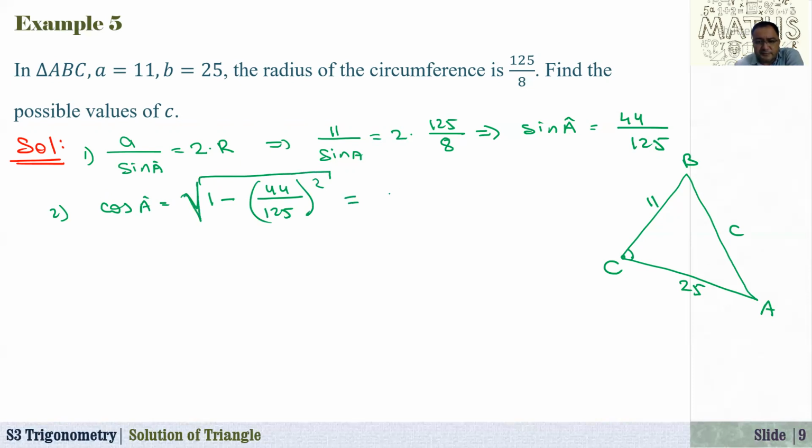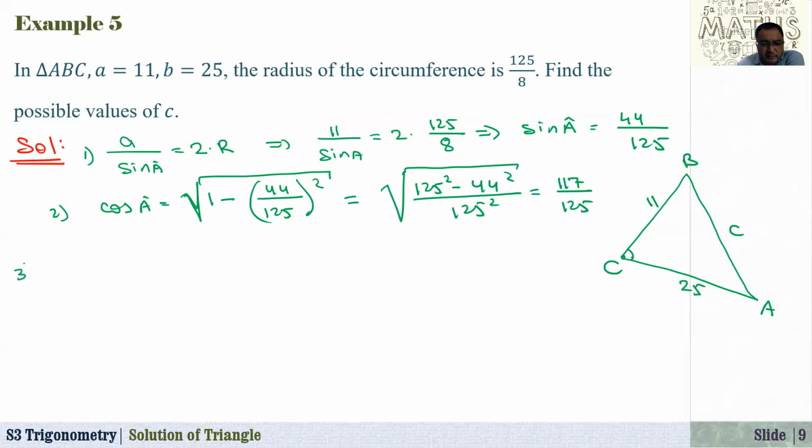In the numerator, we have 125 squared minus 44 squared over 125 squared. If you evaluate this, A squared minus B squared is equal to A minus B times A plus B. So this will be equal to 117 over 125. So that's the value of this cosine.